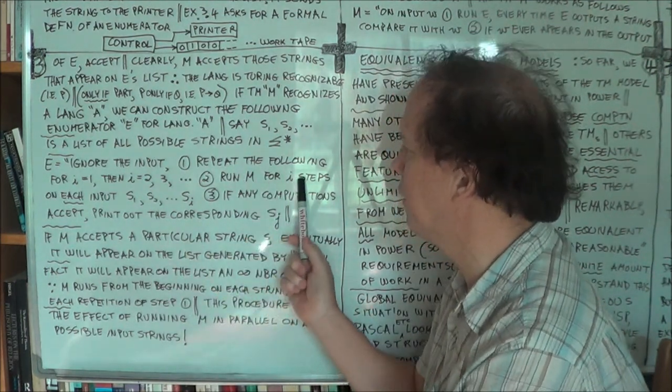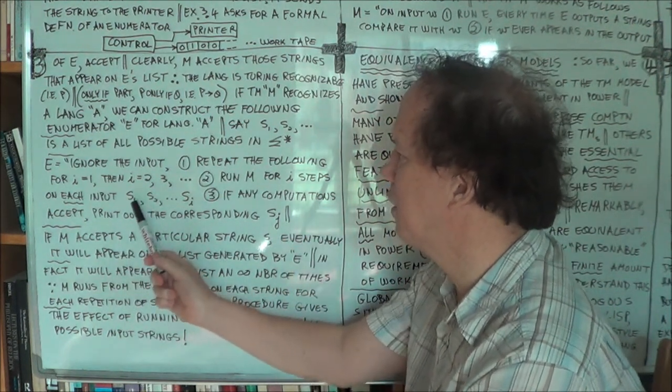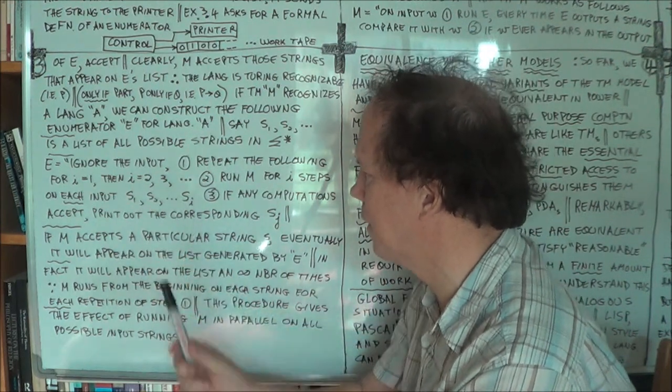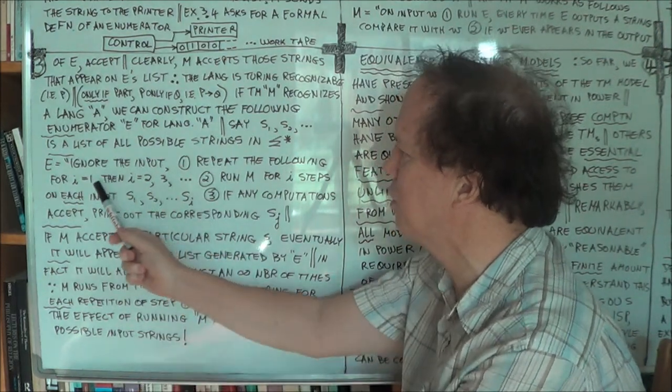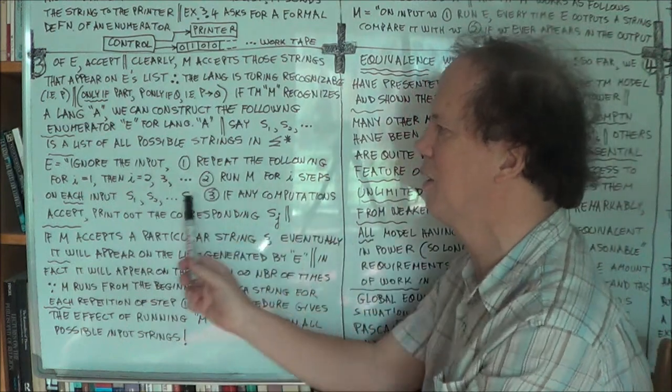So we run this machine for I steps on each of these strings, and you'll have I of them. So choose an I, and you start systematically at 1, and then 2, and 3, it just keeps going.